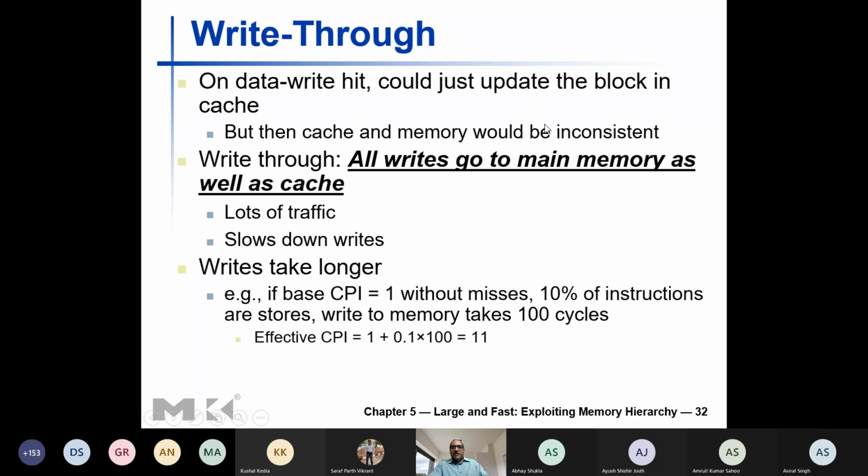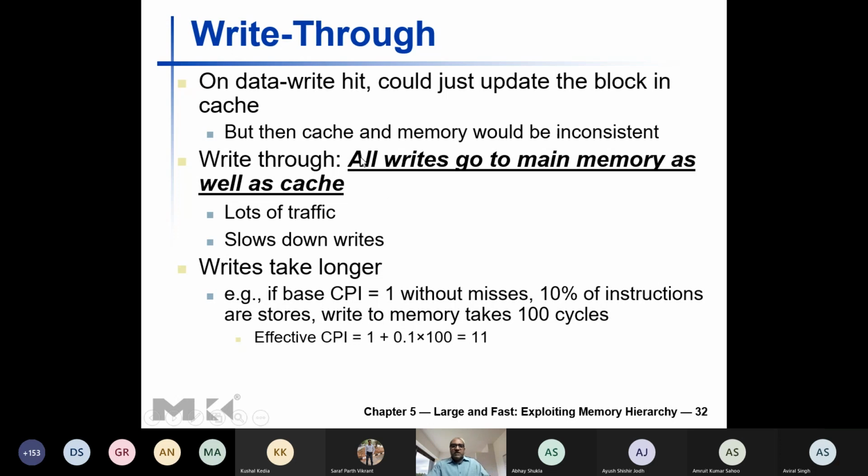Once you write into a block at a particular word location, it means the block in the cache is now different from the block in the main memory, because the block you earlier read from the main memory and brought into the cache is also available in the main memory. Now the contents of that block in the cache have changed, but the copy of that block present in main memory has not changed.